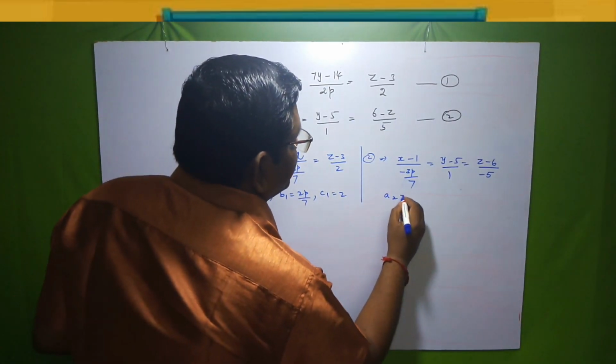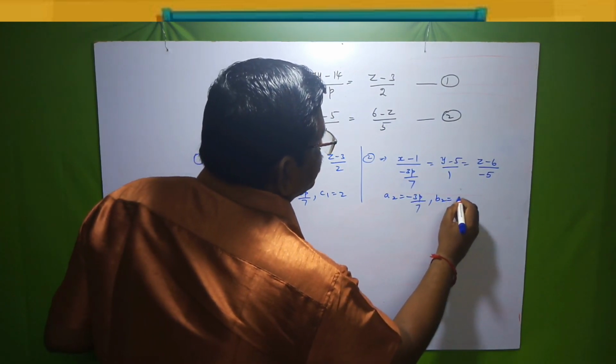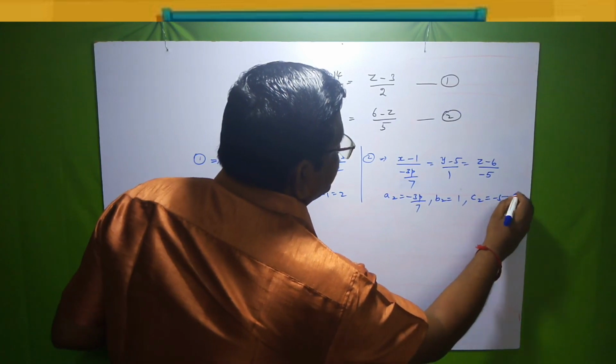Here a2 is equal to minus 3p by 7, b2 is equal to 1 and c2 is equal to minus 5.